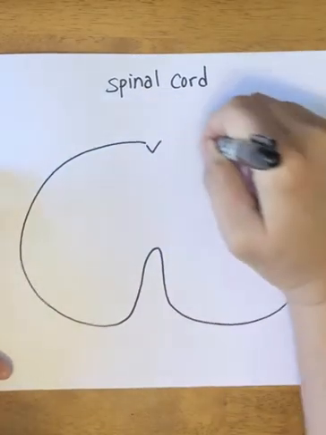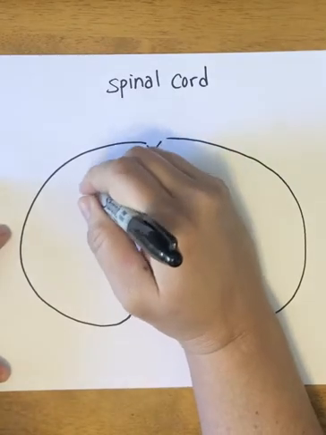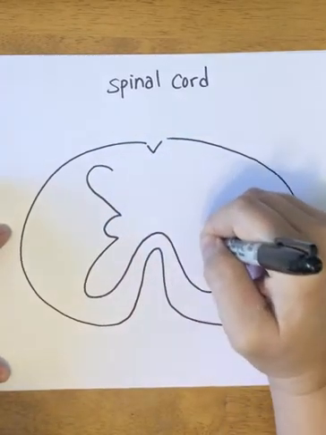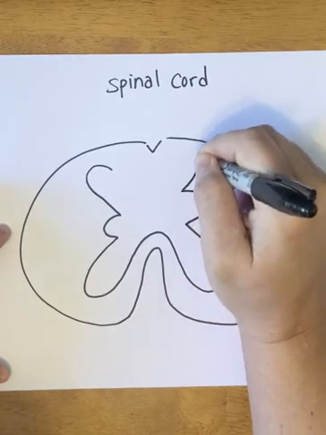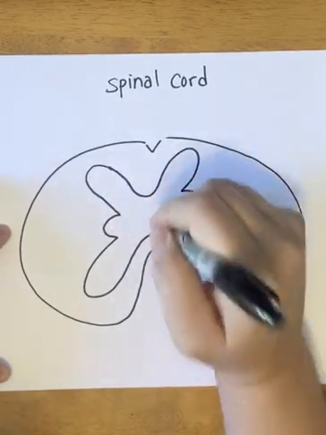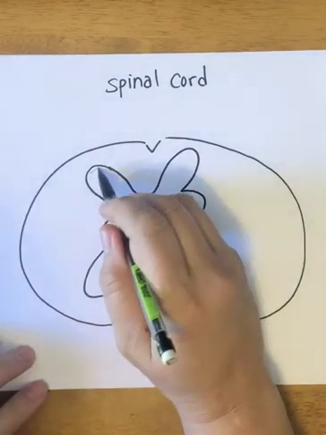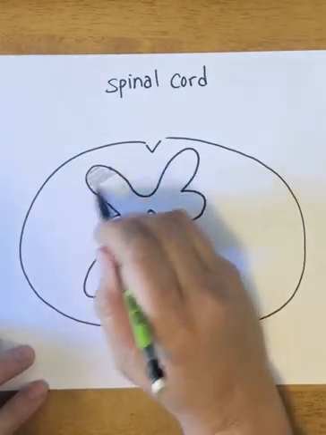When you draw the spinal cord, your gray matter is this central butterfly area. So I literally am just going to take a pencil. Pencil's the easiest way to color this in. It's gray.